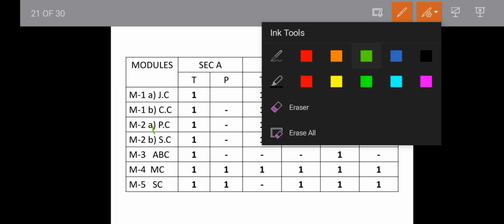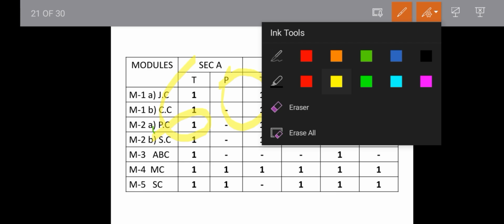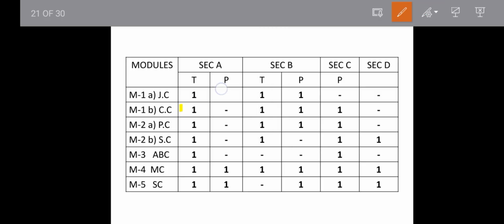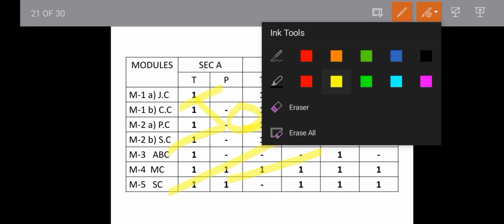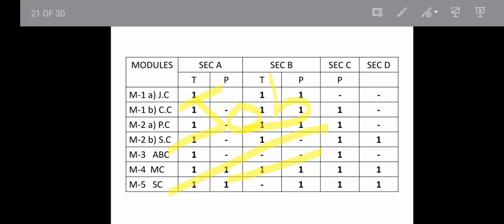But if you are aiming to get 60 marks, then you have to of course focus on all the chapters. But if you want to leave one chapter, that chapter would be job costing, because job costing does not carry many marks. So you can reduce job costing and start the other 6 chapters, and you can score good marks.